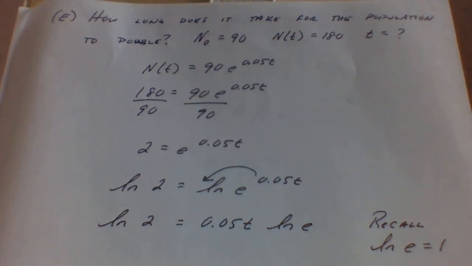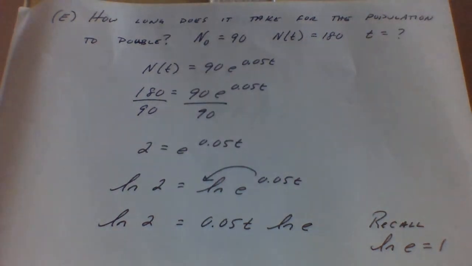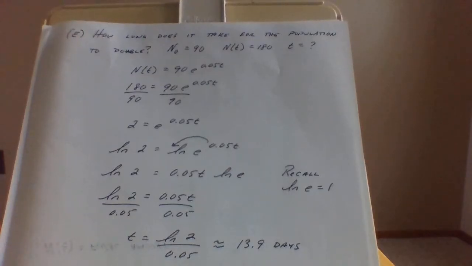Remember, just like in the last part of the problem, anytime we see natural log of e, we can replace that with a 1. Now let's go ahead and divide by 0.05 so we can finish out our problem. Our final answer for this problem is about 13.9 days. That's how long it's going to take for our population to double.